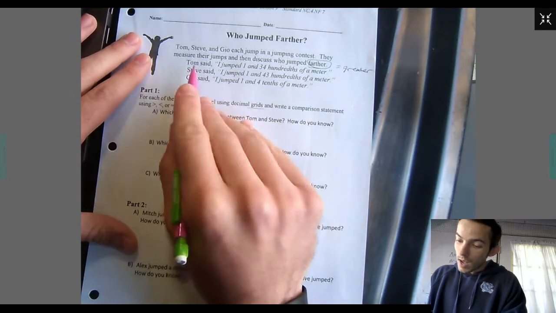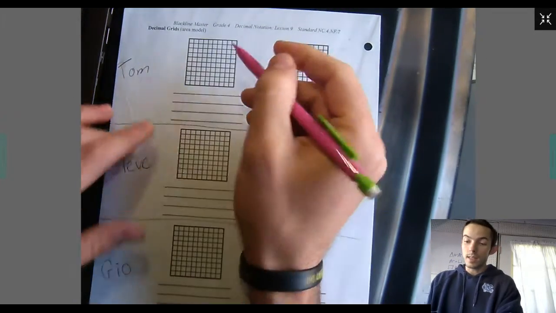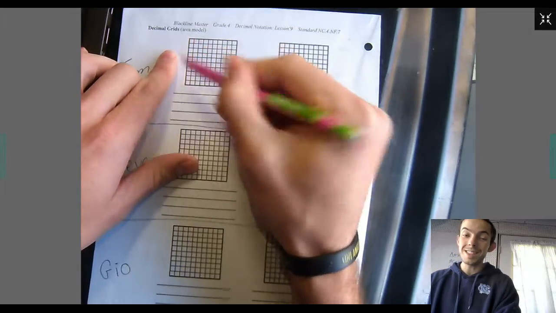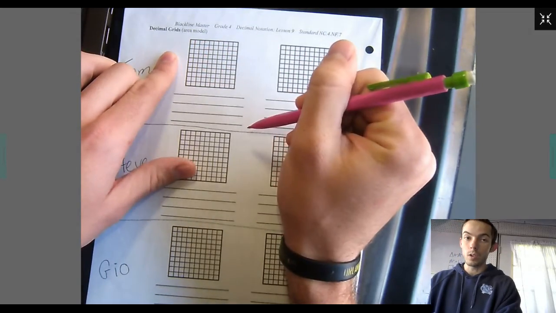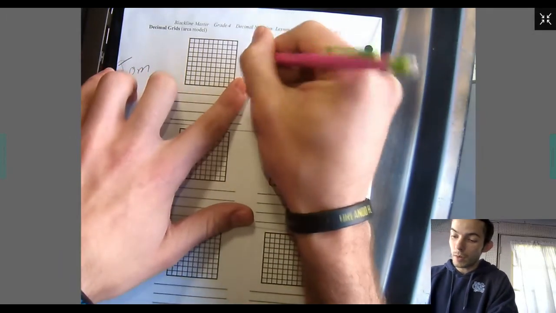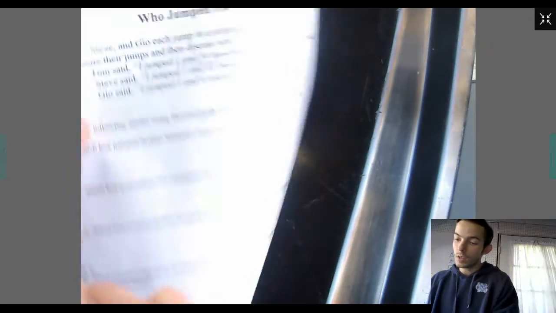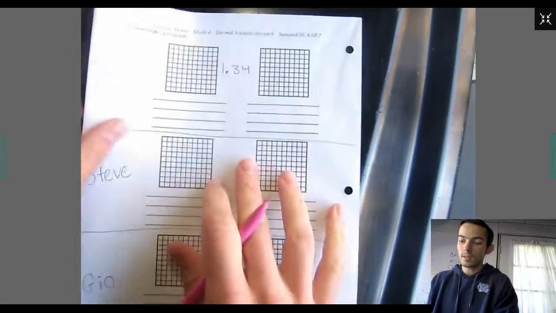So remember, Tom is 1 and 34 hundredths of a meter. So what we need to do is on this page, we're going to shade in the entire one whole. So actually, before I forget, let's remind ourselves what we're doing. Let's write our number in here. 1 and 34, 1 and 34 hundredths, okay?